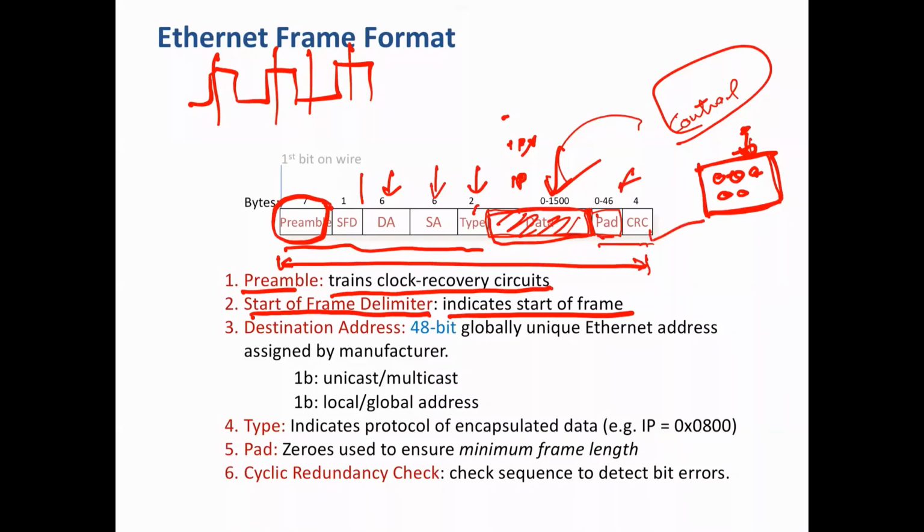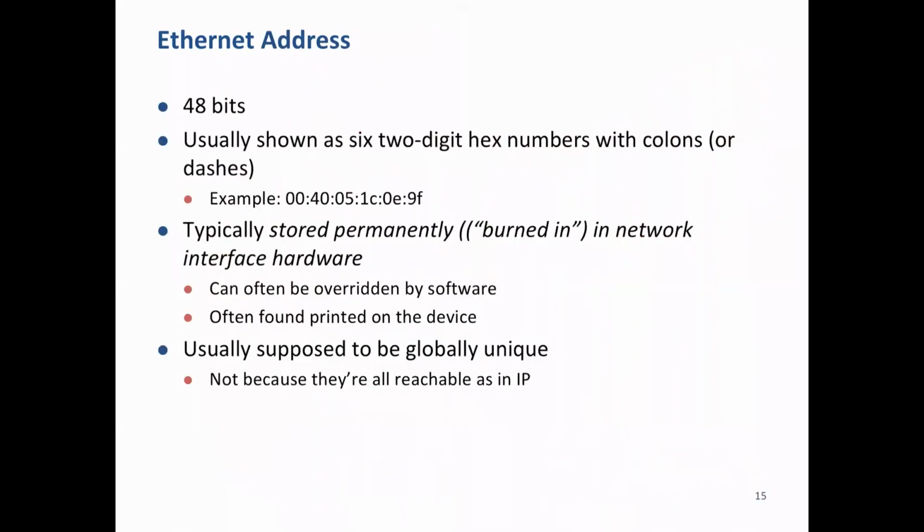And then the cyclic redundancy check. Basically, if one or more bits are in error, it can find it out. All these, like the CRC, pad, preamble, start of frame delimiter, etc., if you're interested, please read from the book. We will not go into details.